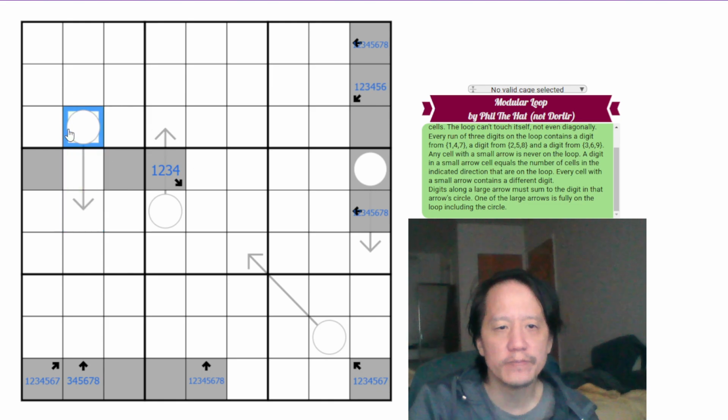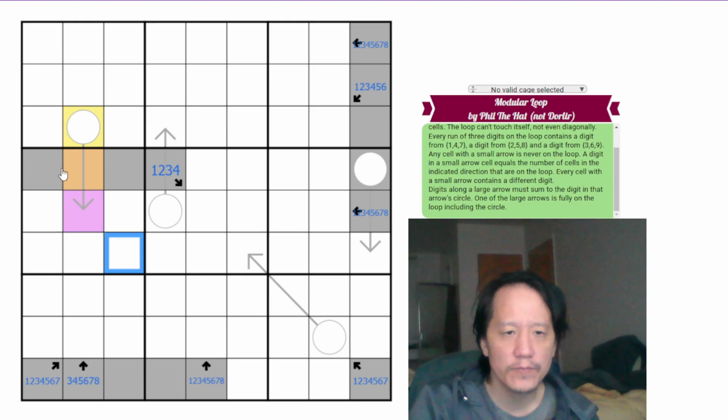Let's color them then. Let's make this yellow. This is orange, and this is pink.